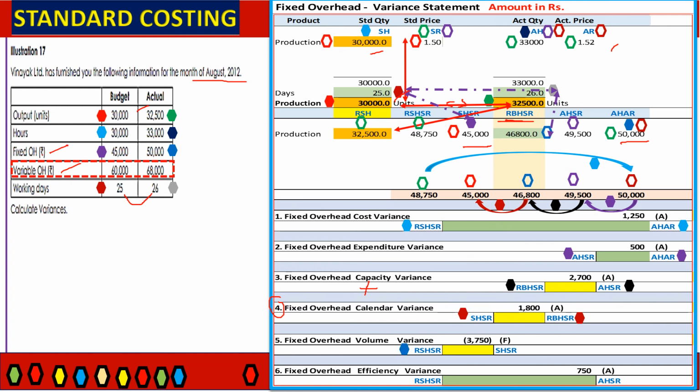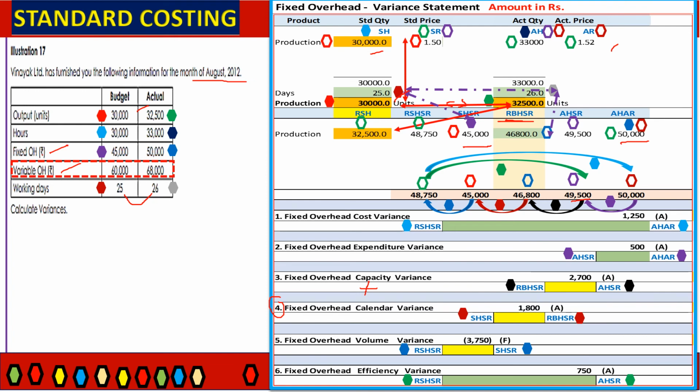Then volume variance in the normal course, 45,000 to 48,750 is negative, means favorable. That is volume variance. Then comes the efficiency variance, which will be from 49,500 till 48,750, RSHSR to AHSR, which is nothing but 750 positive.